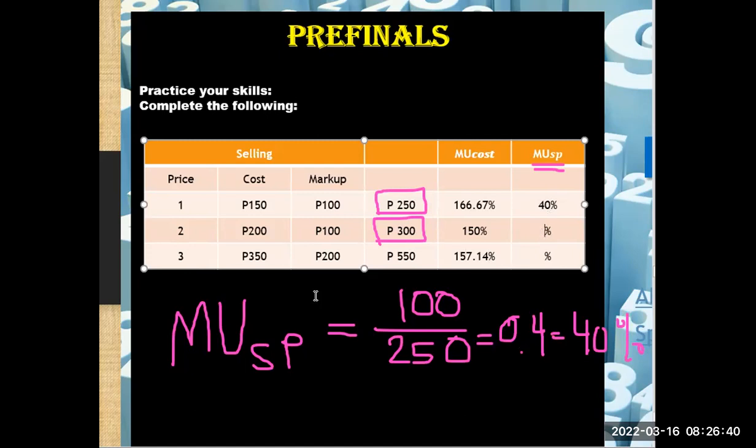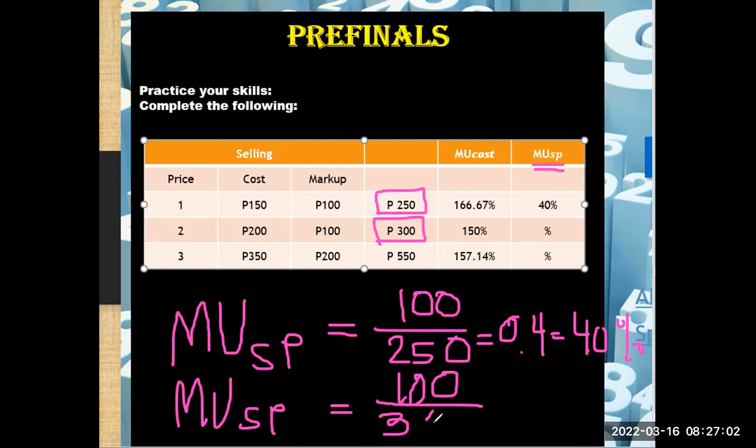Next, markup ulit based on selling price para sa product number 2. So we have 100 ulit based on selling price 300. 100 divided by 300, it's 0.33.